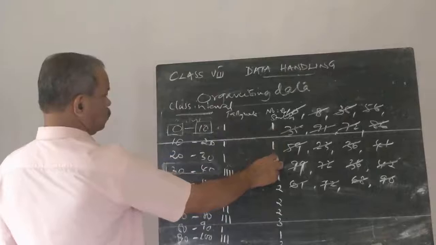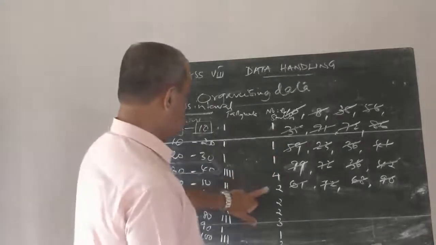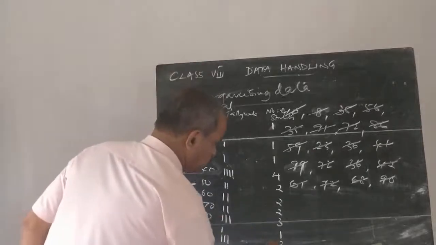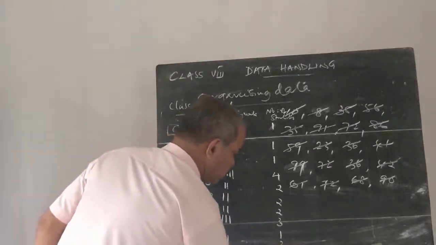Total 1, 2, 3, 7, 9, 11, 13, 16, 19, 20. Total frequency 20.